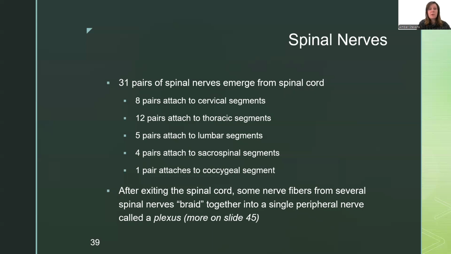After exiting the spinal cord, some spinal nerves form networks called plexuses. For example, you have a cervical plexus, which serves your neck and shoulders, and then you have a sacral plexus, which includes the sciatic nerve, which is the longest in the body, and it serves the legs.